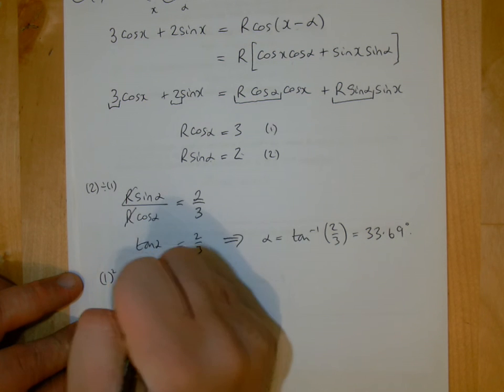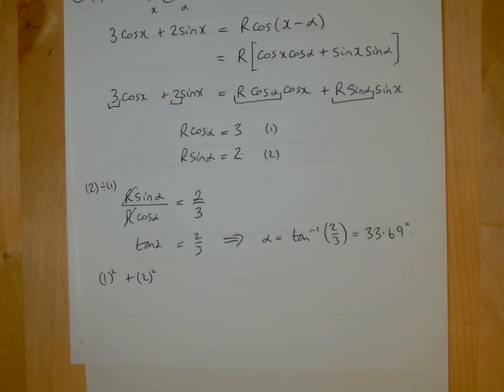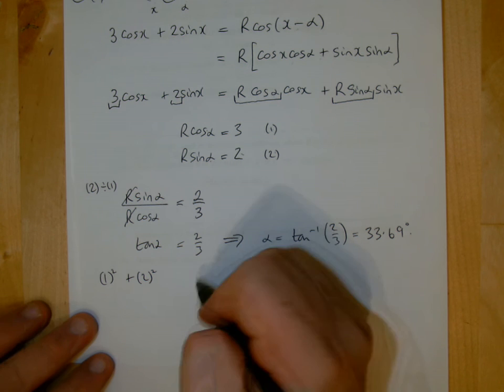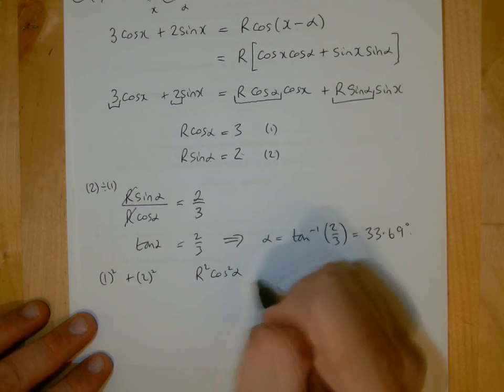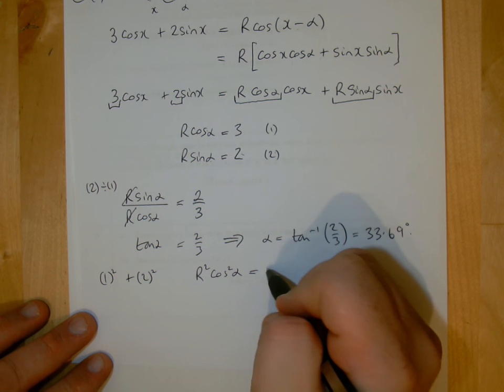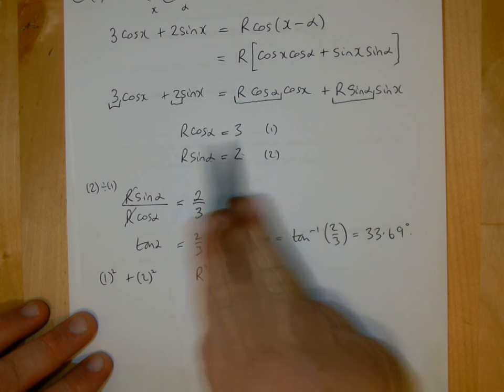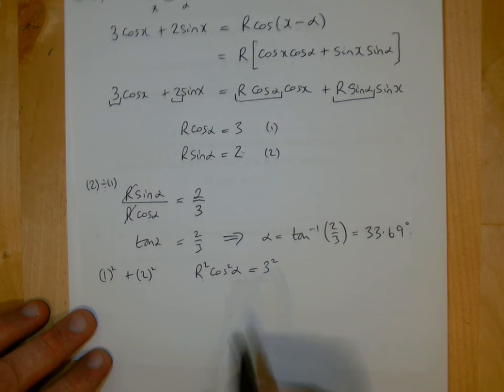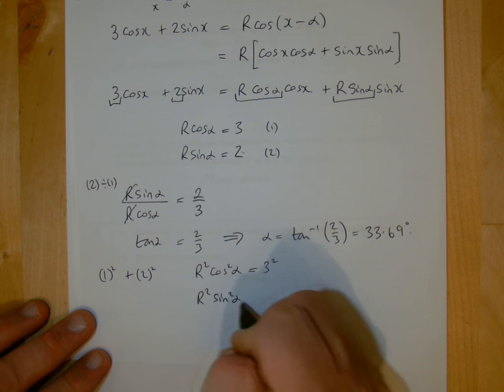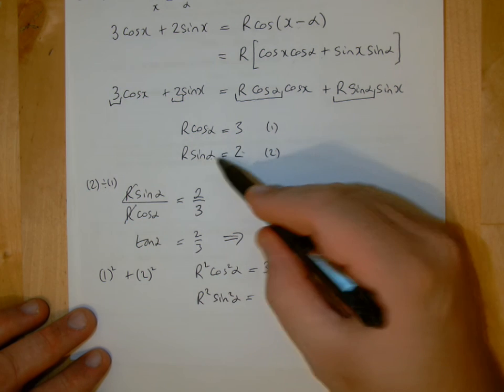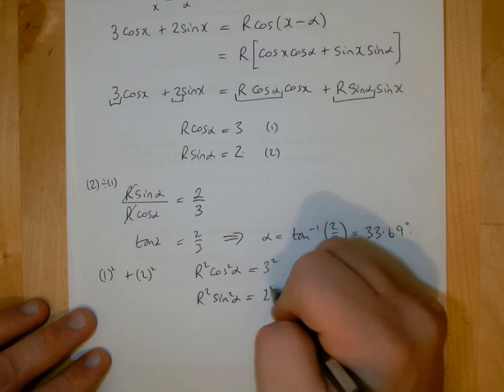If I do that, 1 squared add 2 squared, essentially I'm going to have r squared cos squared alpha equals 3 squared. If I square all of 2, I get r squared sine squared alpha equals 2 squared.